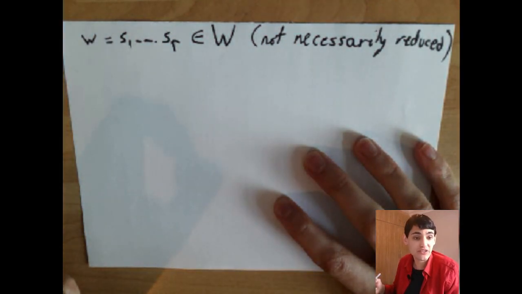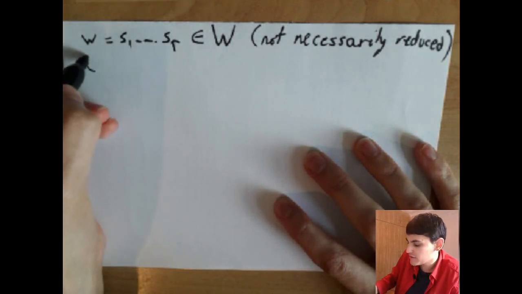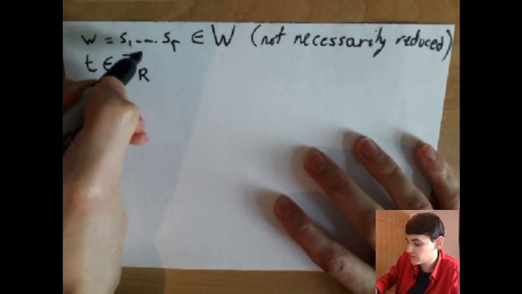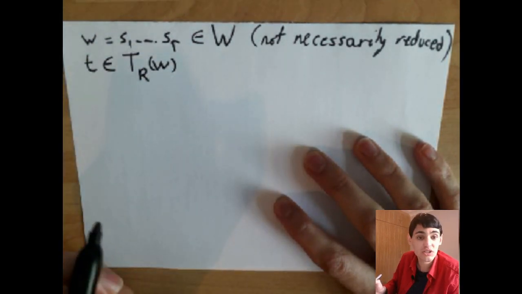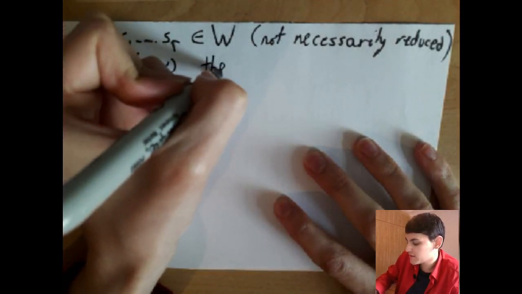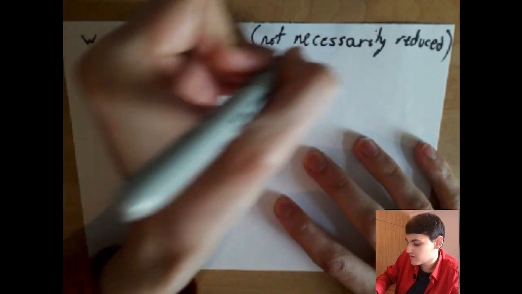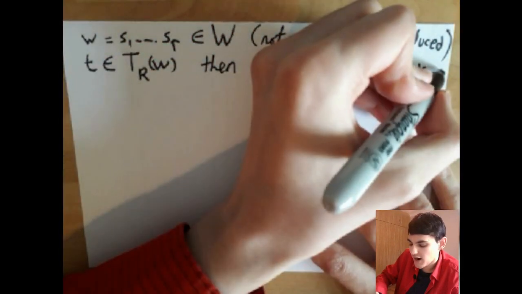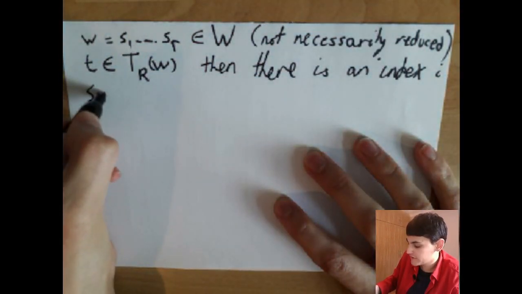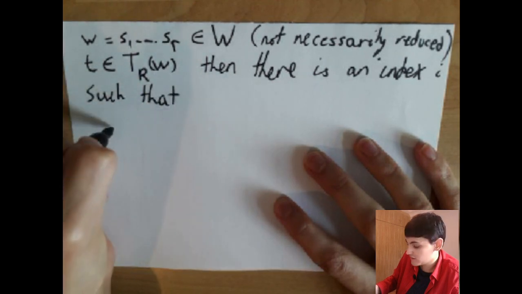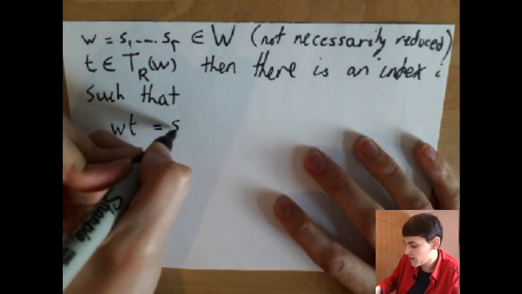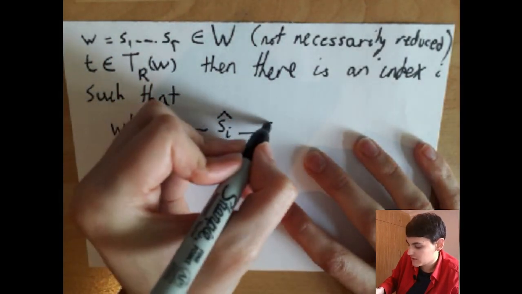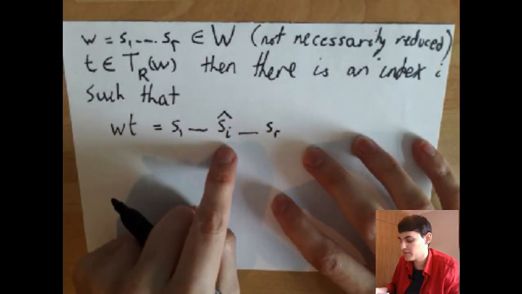The strong exchange condition says that if you have a reflection T in the right reflection group, then there is an index I such that WT equals S1 up to SI hat and then SR, where this hat means omission.